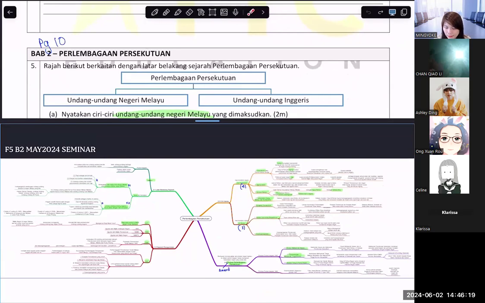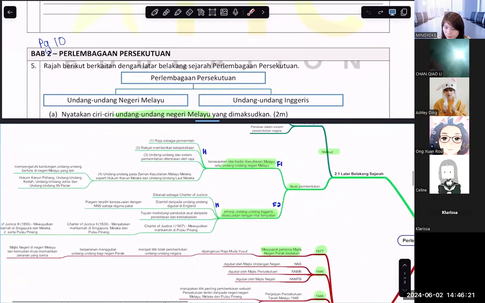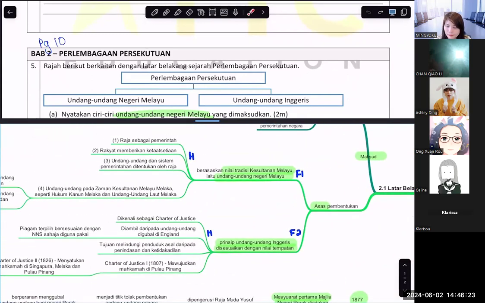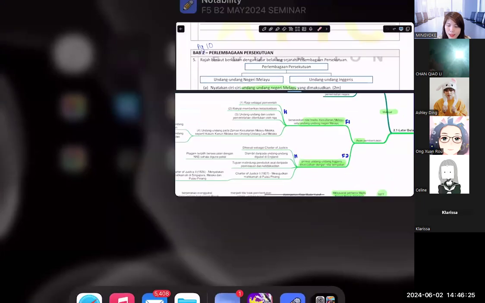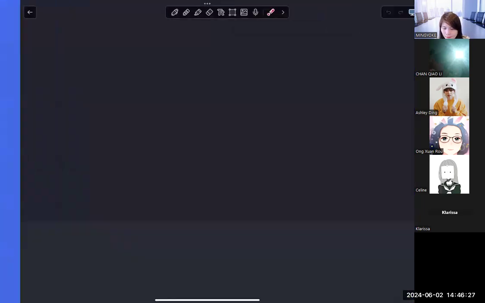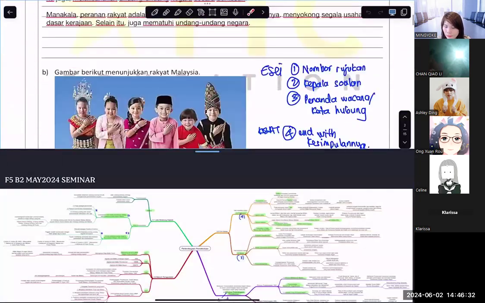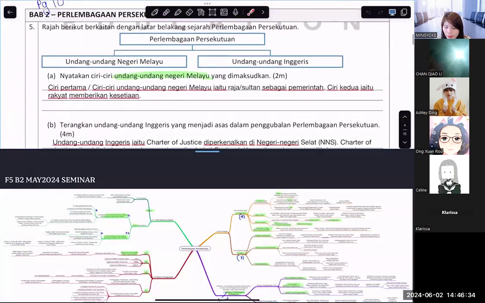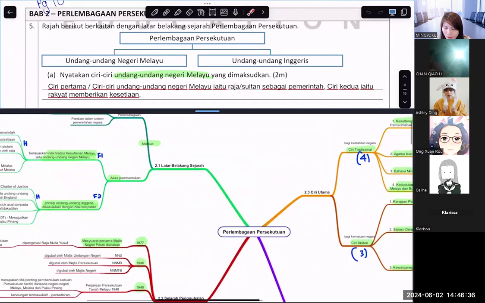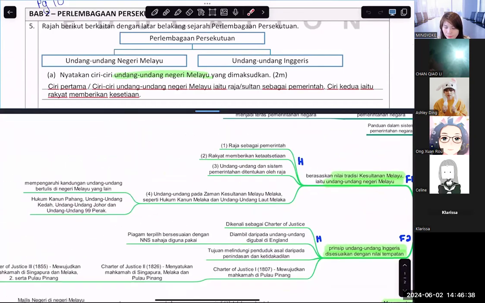Undang-Undang Negeri Melayu lah. Is this one? Hold on. Okay. So Undang-Undang Negeri Melayu is here.